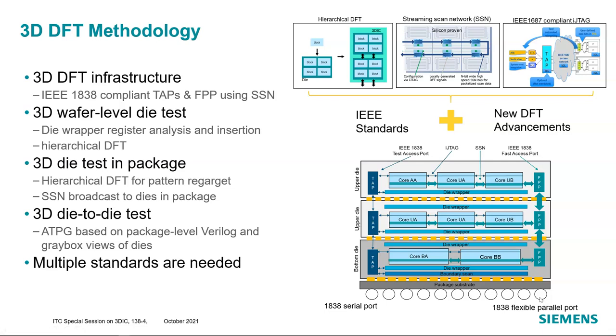It provides many benefits like low cost, low pin count, and low power, for example, by selecting any combination of dies or cores for parallel testing. At the same time, the IEEE network language is used to operate and automate the whole DFT in the stack.